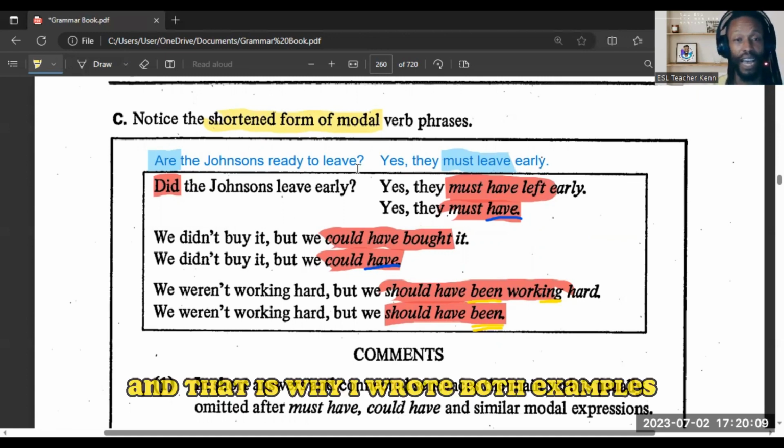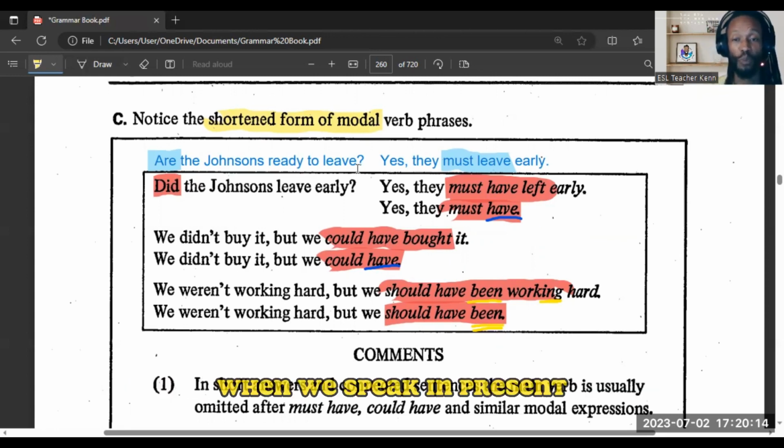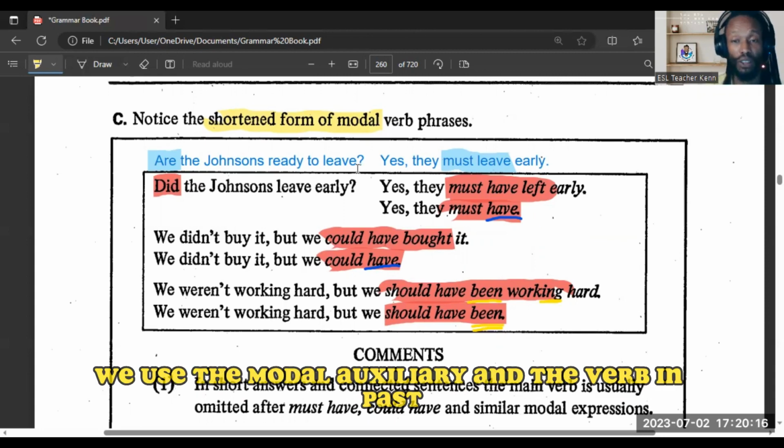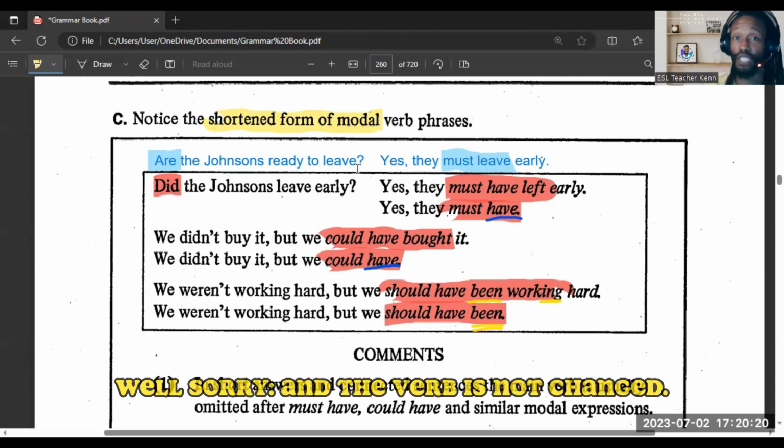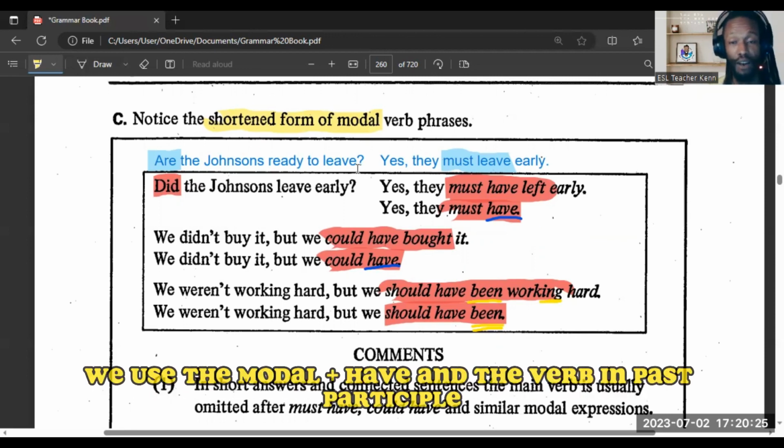And that is why I wrote both examples in this exercise. When we speak in present, we use the modal auxiliary and the verb is not changed. And when we want to speak in past, we use the modal, have, and the verb in past participle.